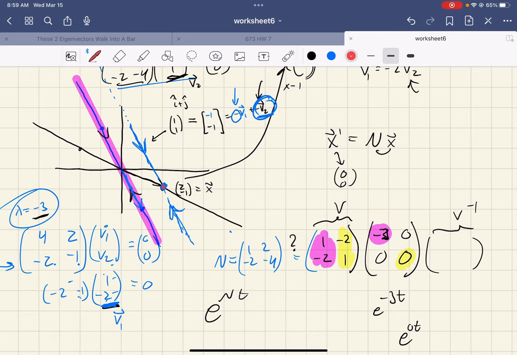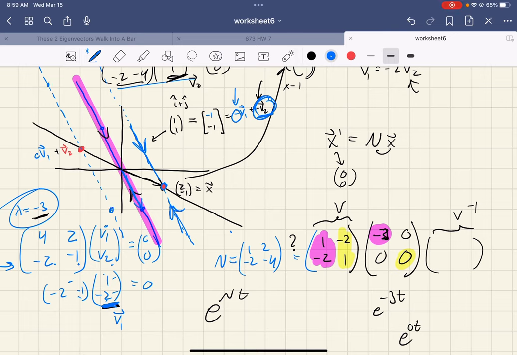This is negative v2. If I was up here at positive v2, I do another parallel copy of my line. And so right here, this red dot, this is positive v2. If I were to add to that some multiple of v1, then negative multiples would be up here, positive multiples would be down here.